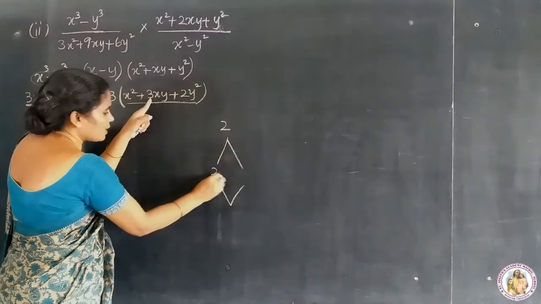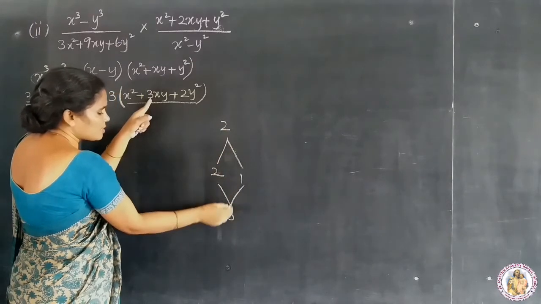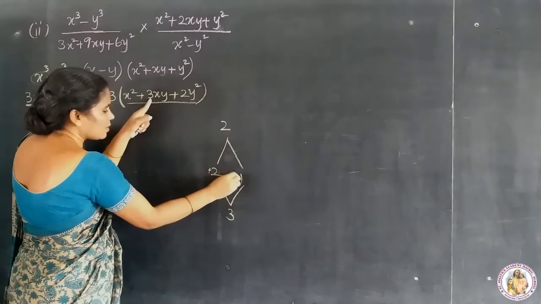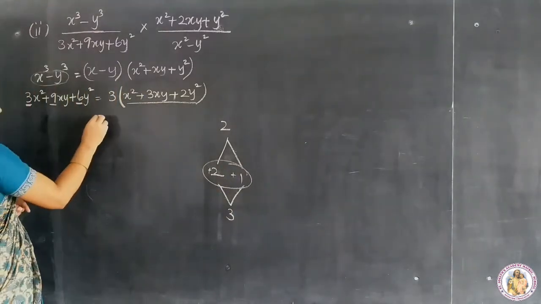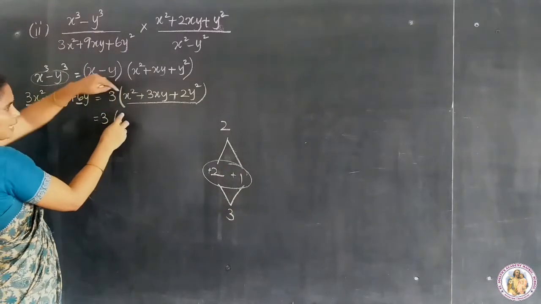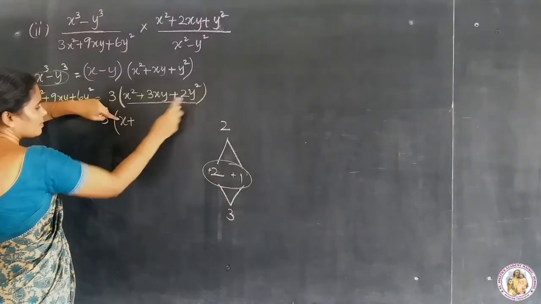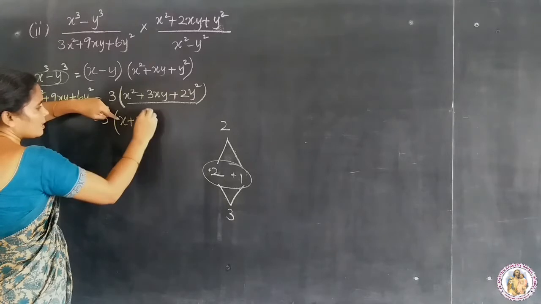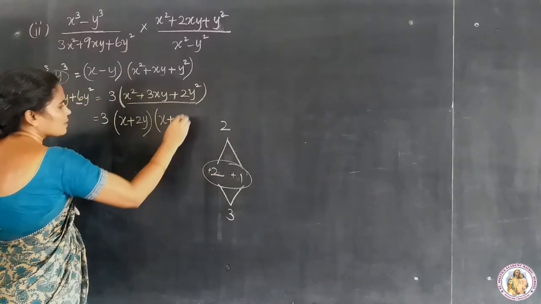So 2 ones are 2. 2 plus 1 is 3. Now 2 and 1 are the factors. Taking 3 open bracket. So x plus 2y and again x plus 1y.